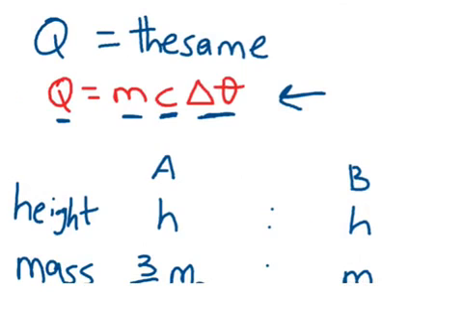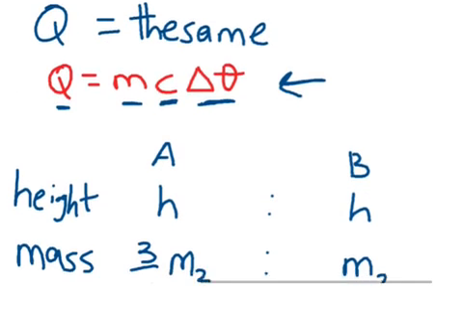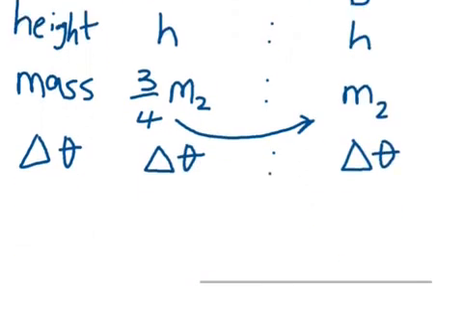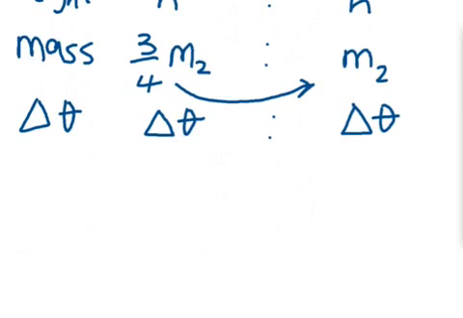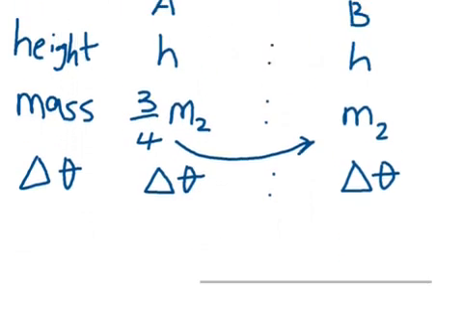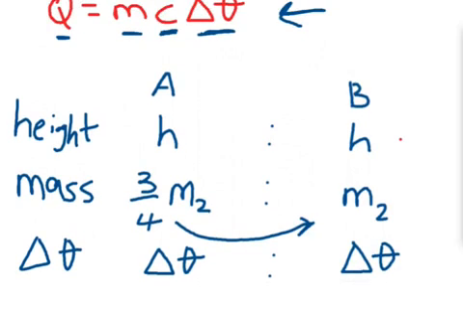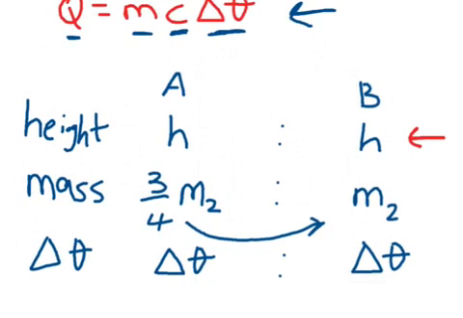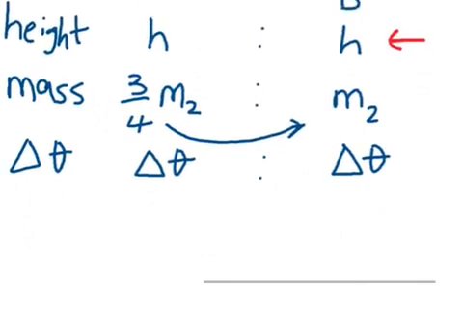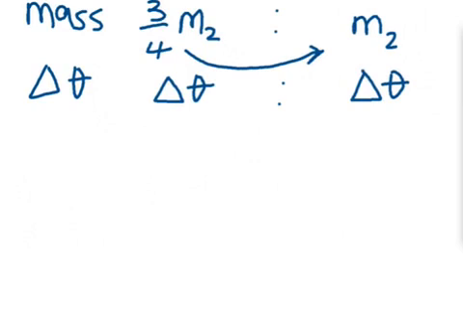The last thing we need to bring out now is quantity of heat. We can see that the height was not even necessary. We could also decide to skip this height. If we didn't want to bring this out, this will not affect our solution because height is not present in that formula up there. So let's bring out the quantity of heat, which is Q. We are also told that the quantity of heat is the same.